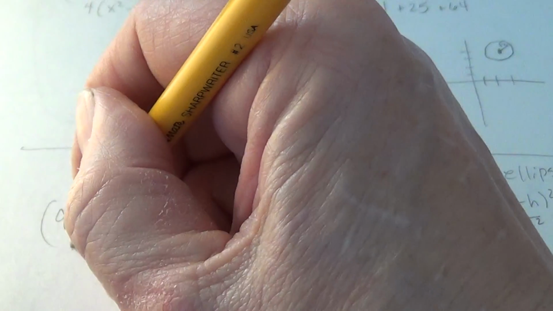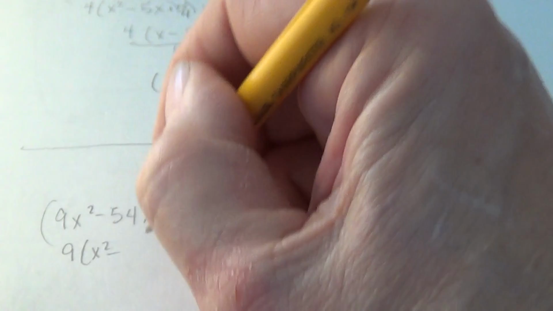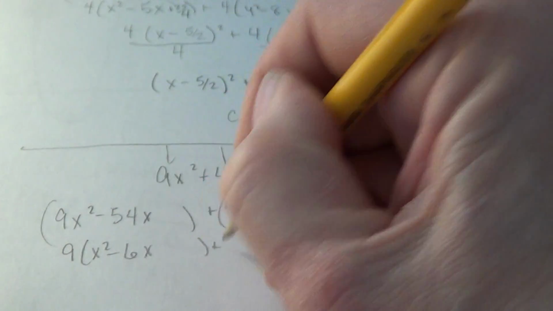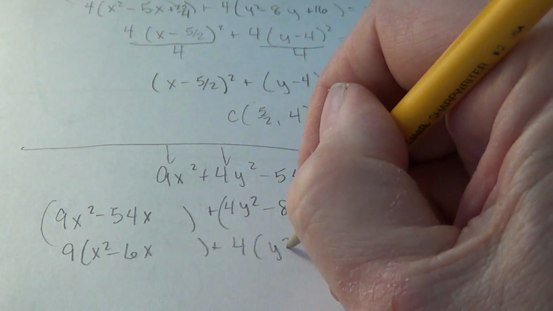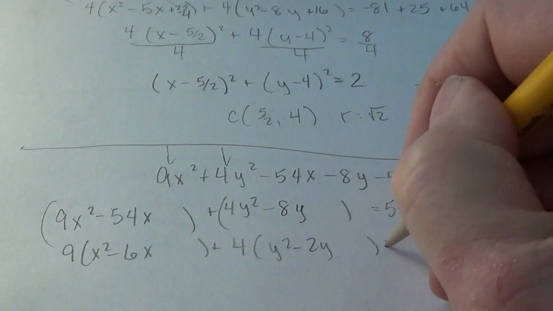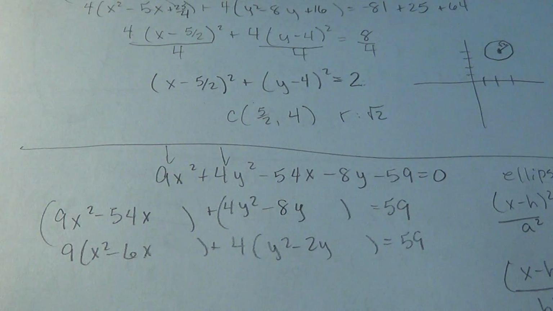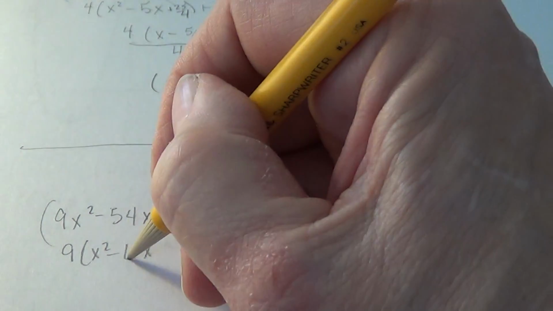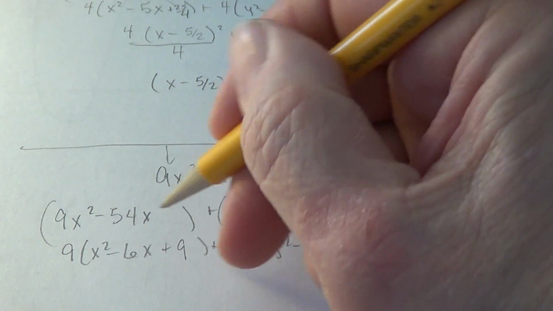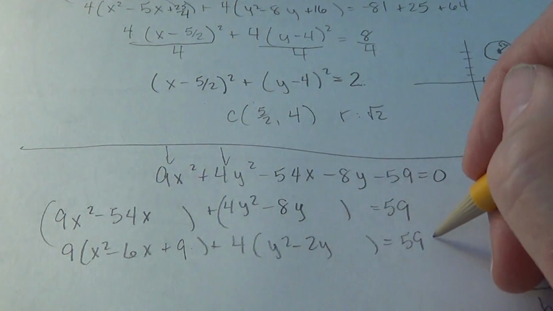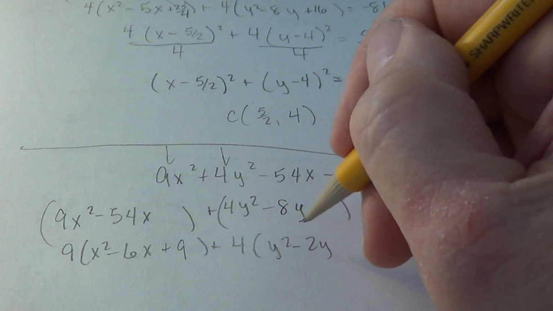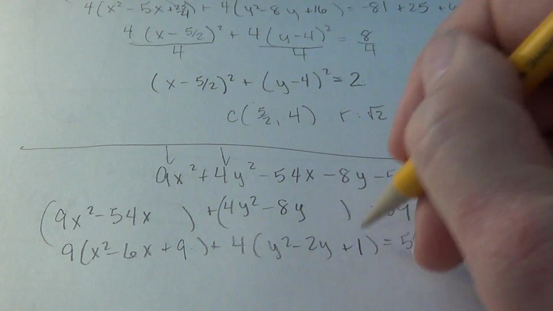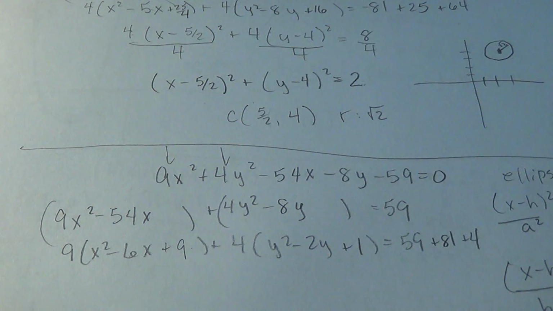Pull out the 9 before we complete the square. Pull out the 4. Go back in and complete the square. Half of 6 is 3, but it's really a 9 times a 9, so I add 81. Really a 4 for the y.